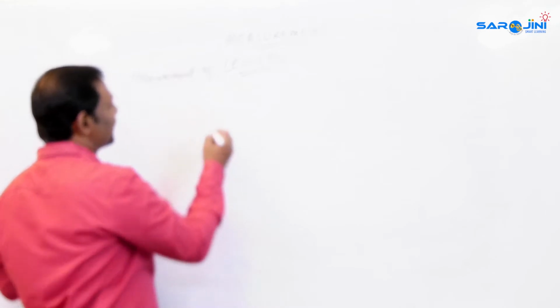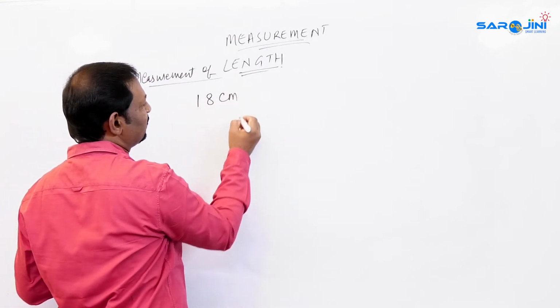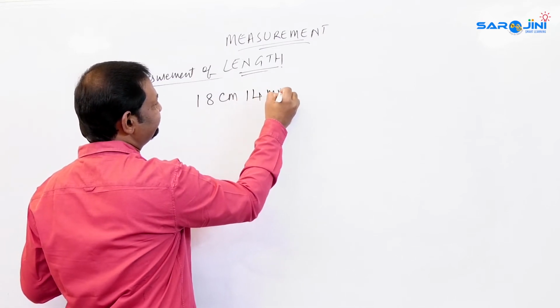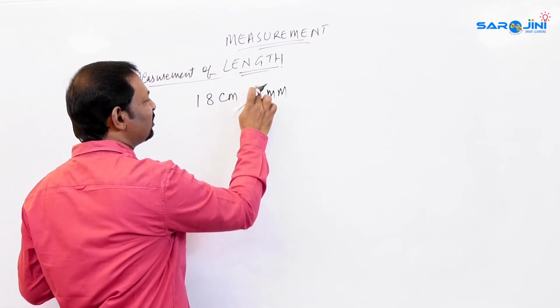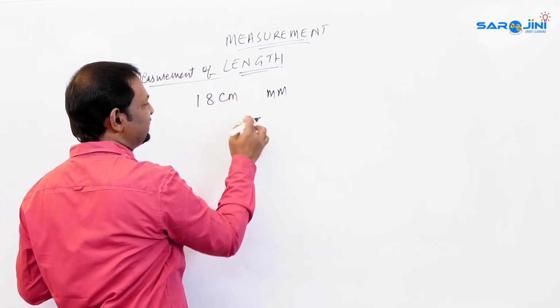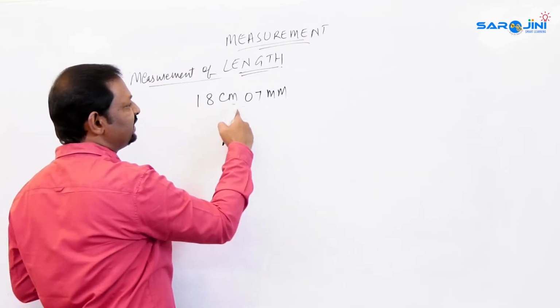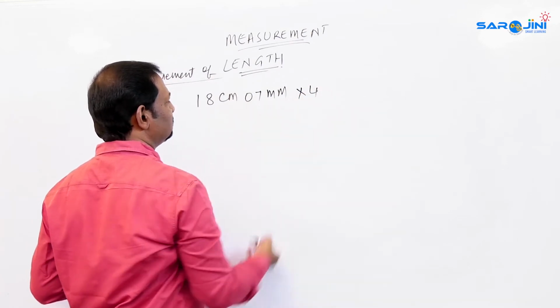Suppose there are 18 centimeters and 14 millimeters. I cannot give 14 millimeters because 10 millimeters is called 1 centimeter. So I can give 7 millimeters. 18 centimeters and 7 millimeters is multiplied by 4.